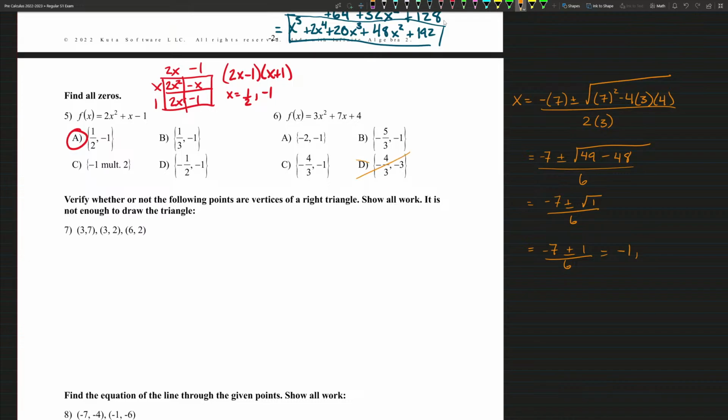And already this is out. -7 minus 1 is -8 over 6, which is -4/3. So -1 and -4/3, that's our answer. So C is our answer.